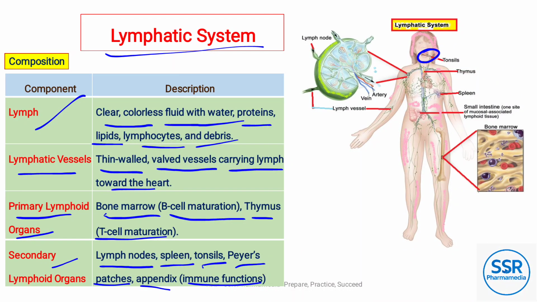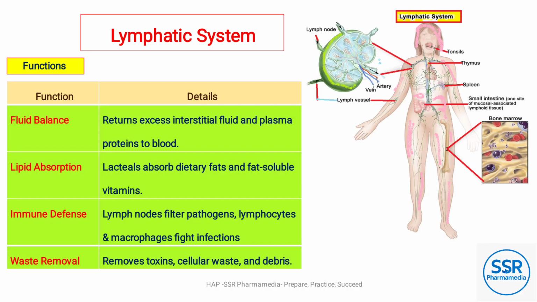Tonsils, thymus, spleen and the intestine, and the lymph nodes: in all these areas, lymphatic components are present. And this lymphatic system is mainly present in the bone marrow for the production of cells.